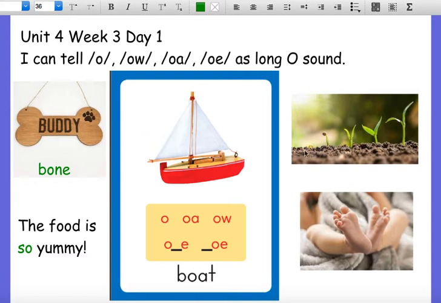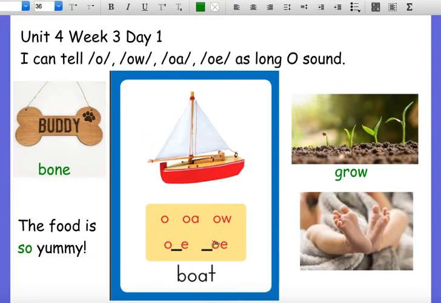For example, the plant is growing. So here's the word grow. GR, R blend, makes GR, and then O is OW here. Grow has O in it.